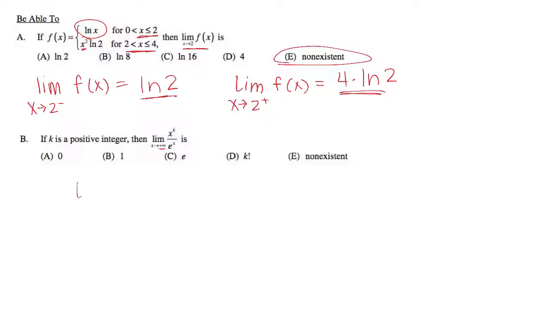So we have the limit as x approaches positive infinity of x to the k over e to the x. So, wow, this one, let's look at this. So this is going to be big raised to k, but now this down here is going to be e raised to the big power.